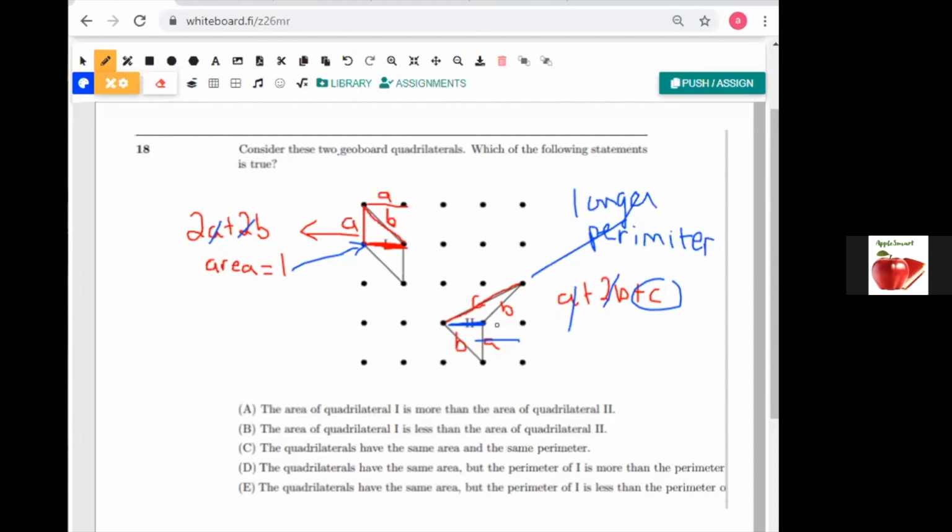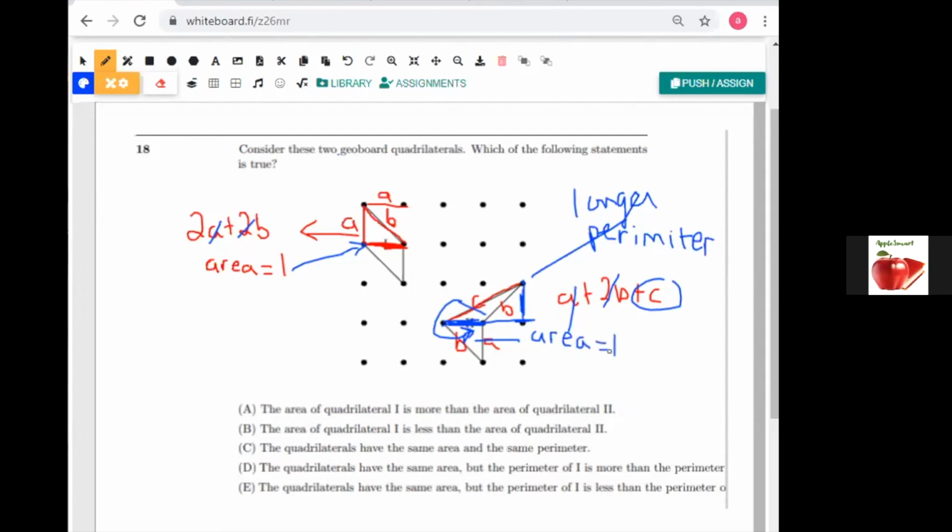It's base times height divided by 2. So do you agree the base of this triangle is still A and the height is still A? So this triangle has the same area as this triangle. Isn't that cool? So the area is also 1.